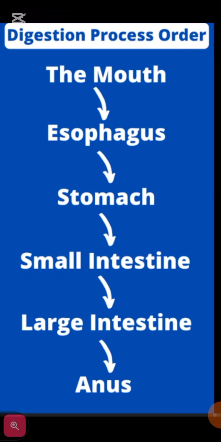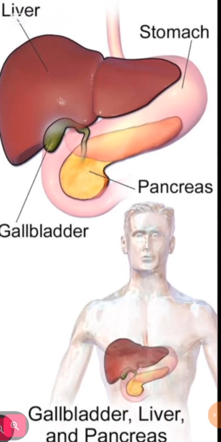Then the food is pushed towards the small intestine. Remember that in the stomach, the food is converted into a soupy mixture, while in the small intestine, the food is totally digested. After that, the undigested food is pushed towards the large intestine, and this undigested food or waste material is removed from the body by the anus.